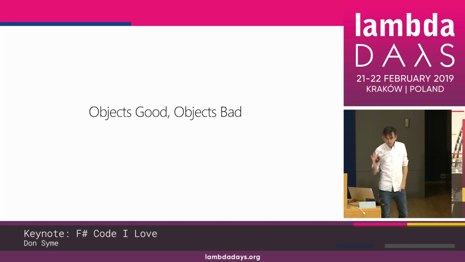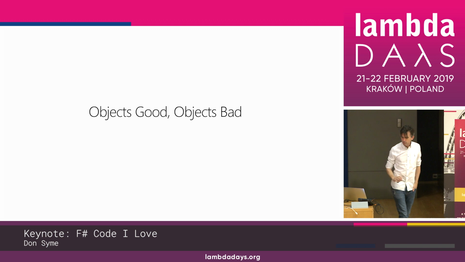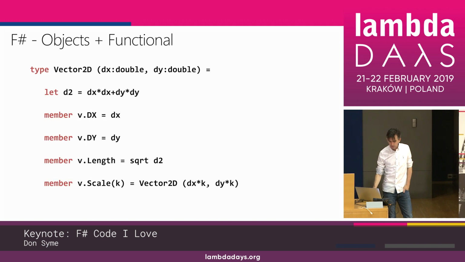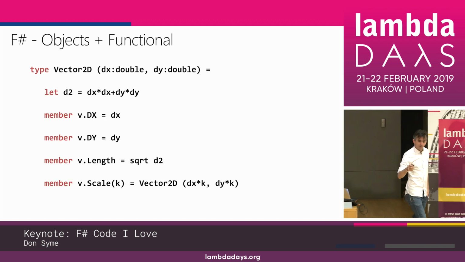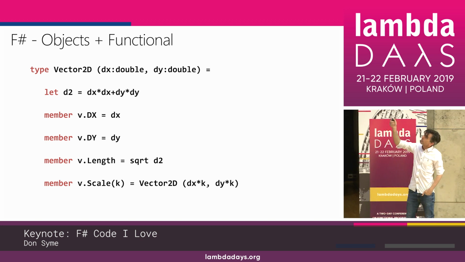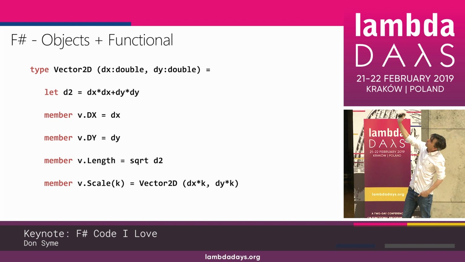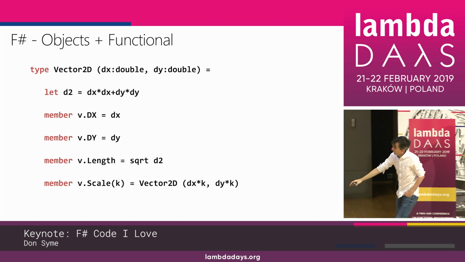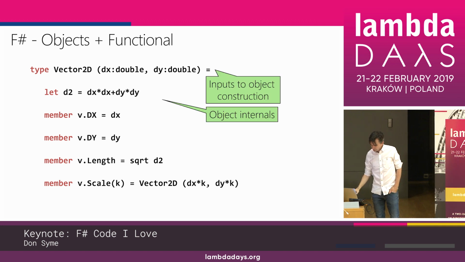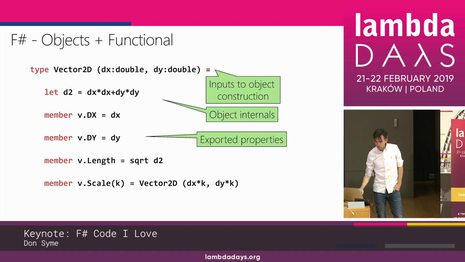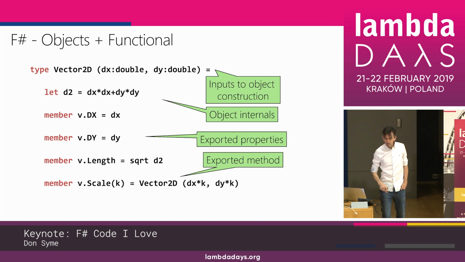Okay, so that brings me to the topic, which will be the last one I talk about, which is about objects good and objects bad. Just to show what object-oriented programming, or object programming, looks like in F#. We have vector, we have some inputs at the top. Again, the clicker's not working. I'll run through the little bubbles here. Inputs, we have object internals, we have exported properties, and we have some exported instance method down here.